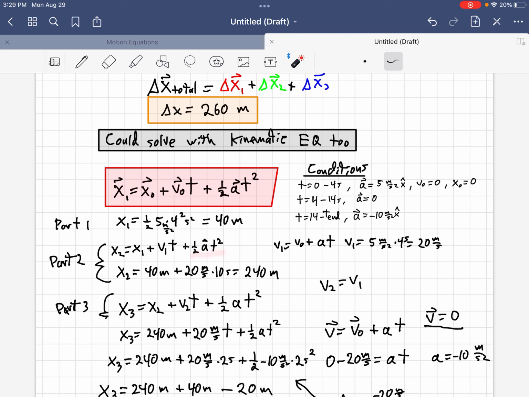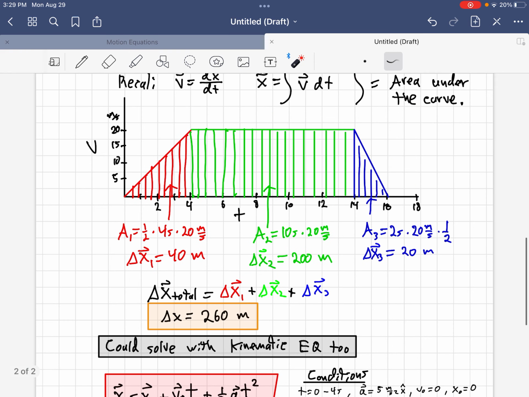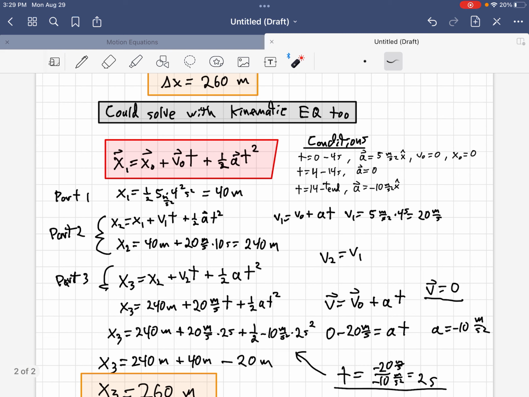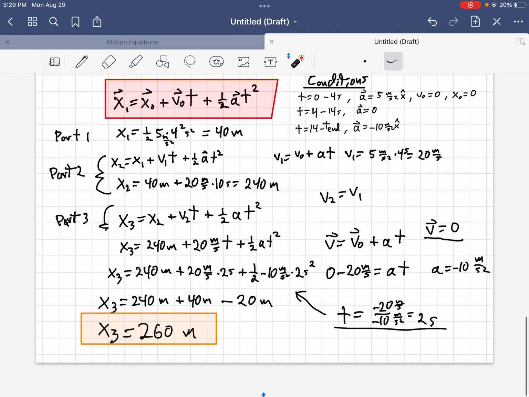Plus the acceleration term, but in part 2 acceleration is 0, so this term goes to 0, right? And what is our velocity at the end of part 1? We just quickly calculate that: we were accelerating by 5 meters per second squared times 4 seconds. So like we said in the graph, our velocity is going to be 20 meters per second. So we plug that in, and we see that we travel an additional 200 meters, so our position at the end is going to be 240 meters.